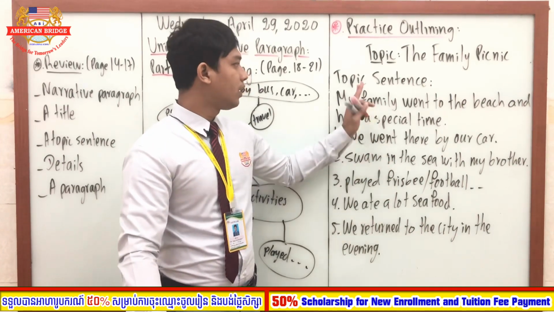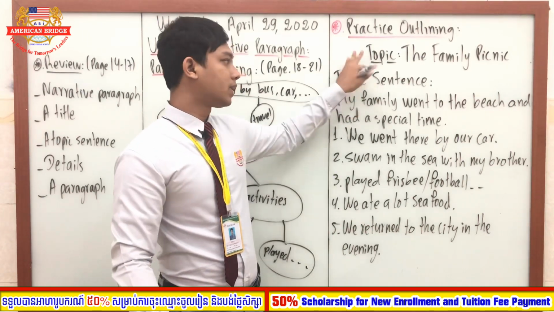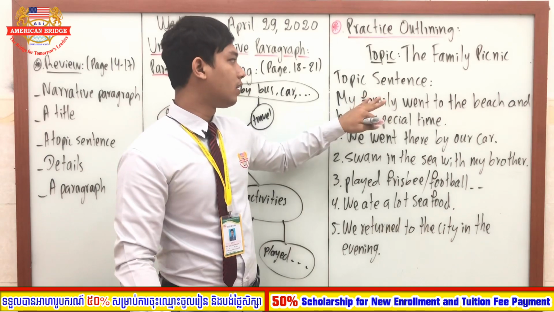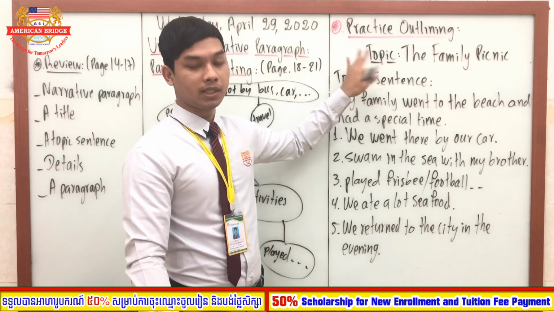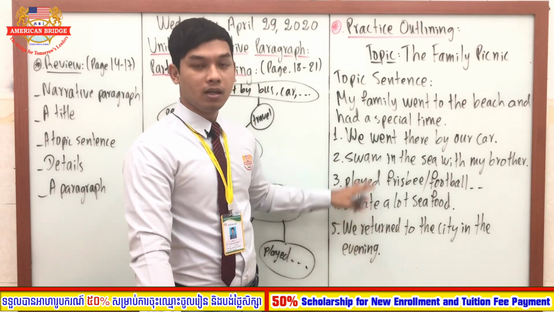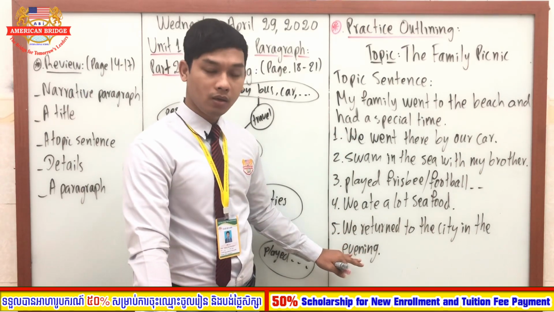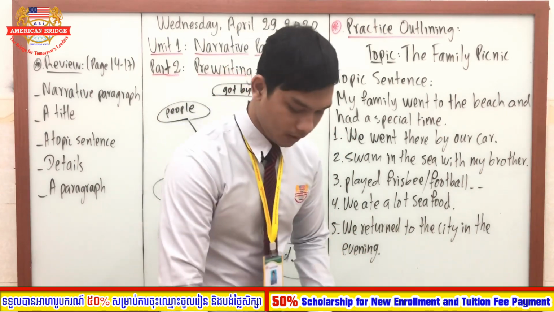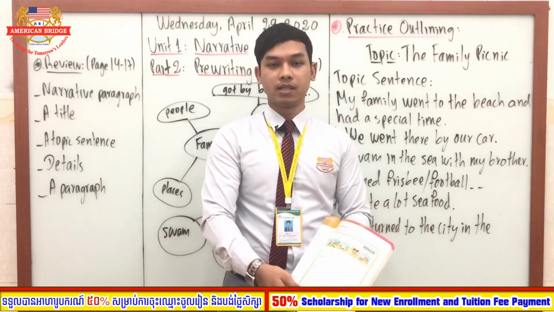All right. So this is the way that you can practice outlining. You have the topic or the title, and then you have the topic sentence, and then you have the details. All right. All these are the details. Okay. So I believe that you get all of this lesson.